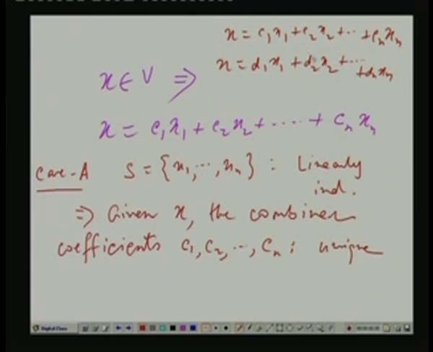And the left hand side is still x. Suppose this is the situation, our question is, can it occur? Our answer will be that it cannot occur. So the coefficients C1, C2 up to Cn are unique.